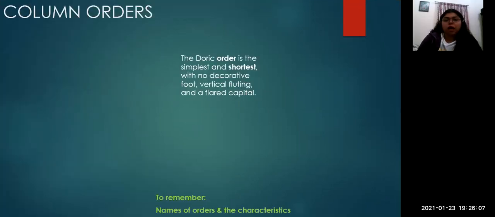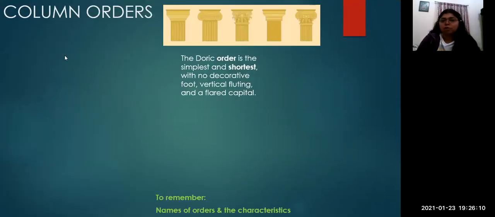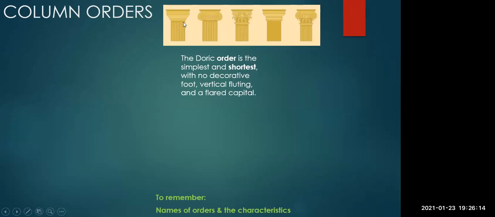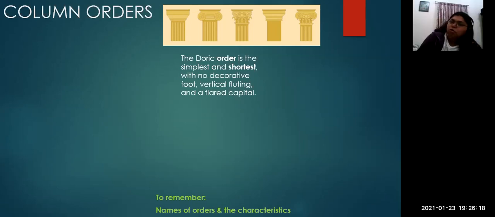Yeah. Okay. So basically you have column orders. They look something like this. You'll have all seen this, the Doric, the Ionic. So you have these types of column orders. What are the types of column orders that you know of?